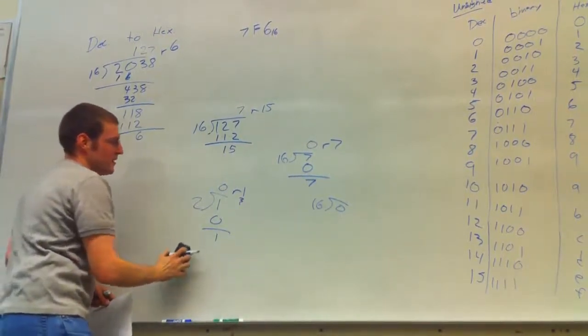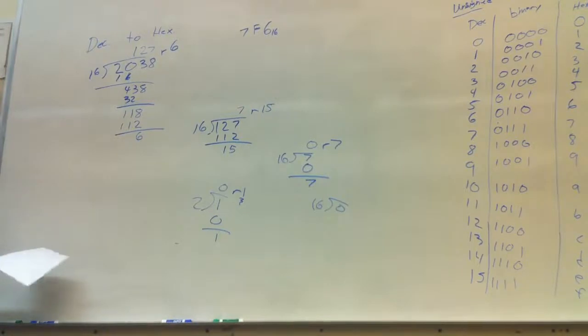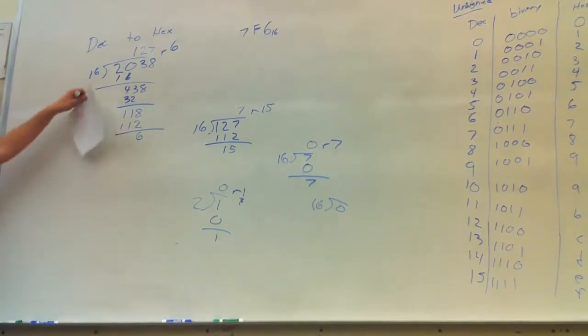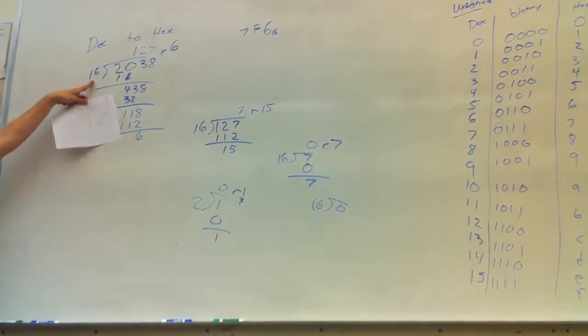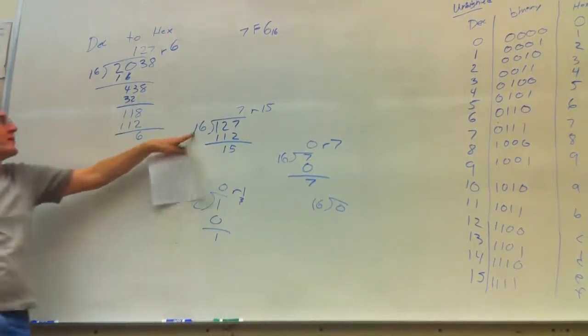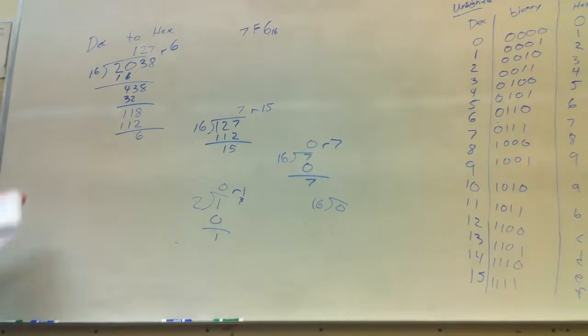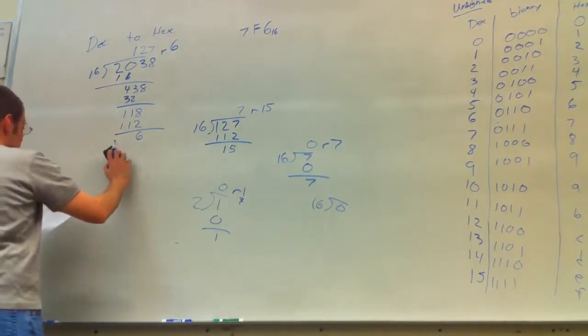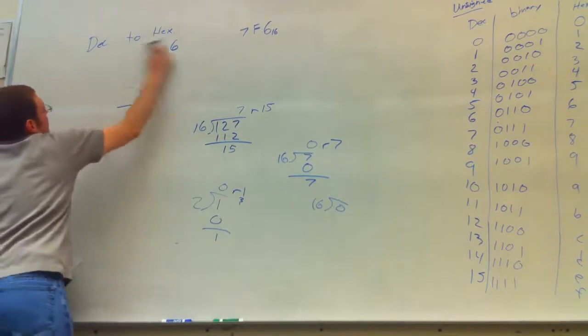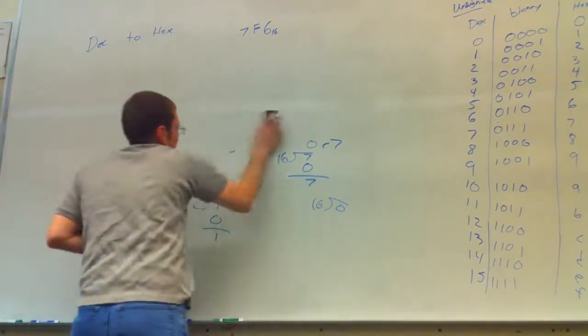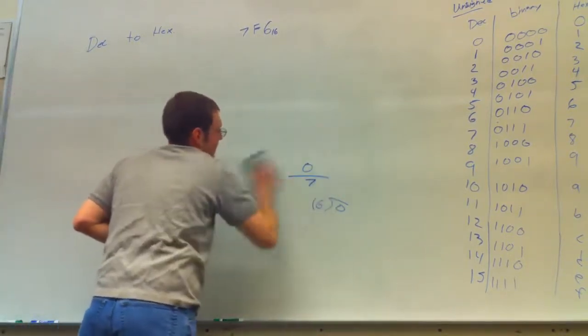So hopefully you see, we did the exact same thing we did in binary. The only difference was, in binary we had the base 2 here instead, and in hex we did 16. So then we can do what we call base n.